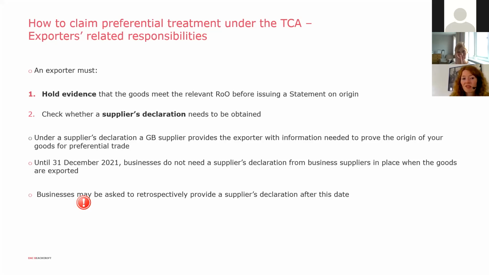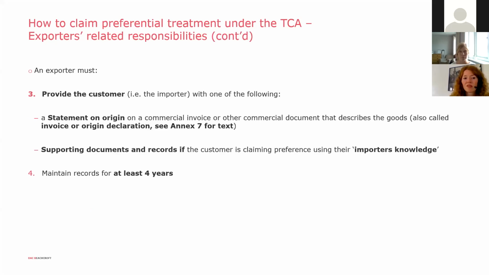On the next slide, just finishing up on the exporter-related responsibilities. What else does the exporter have to do? Provide the customer, so the importer, with one of the following: a statement on origin. Handily, there's a form of words set out in Annex 7 for the text of the TCA.